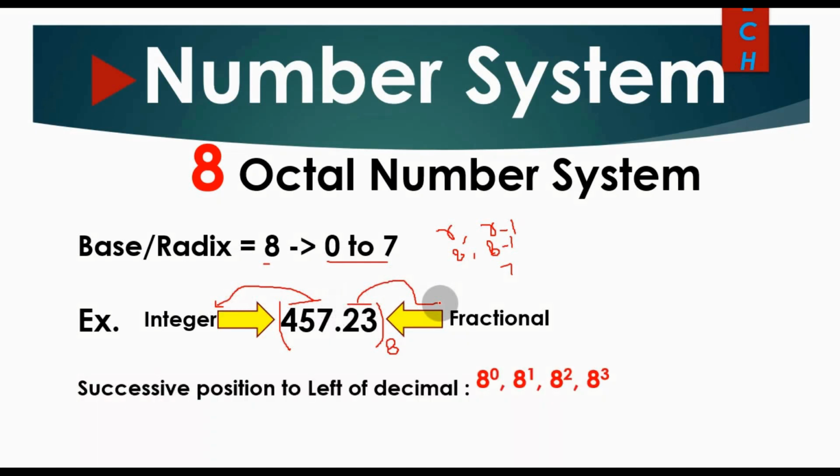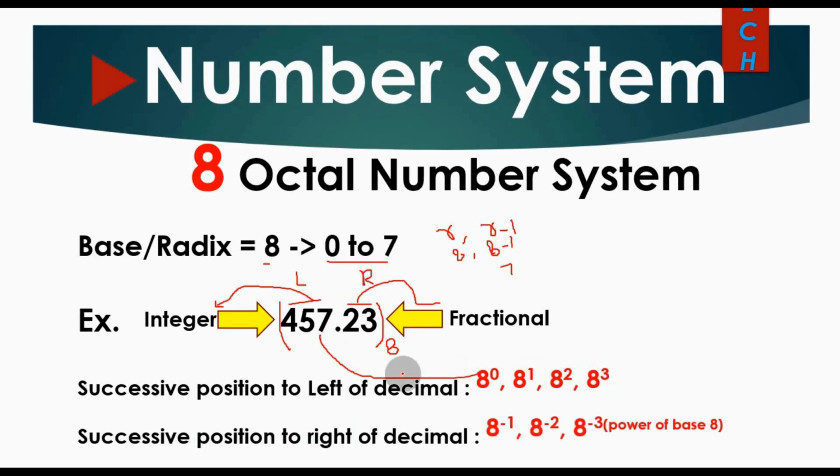The successive positions to the left of the decimal point are 8 to the power 0, 8 to the power 1, 8 to the power 2, 8 to the power 3, and the successive positions to the right of the decimal point are 8 to the power minus 1, 8 to the power minus 2, and so on. These are powers of base 8.